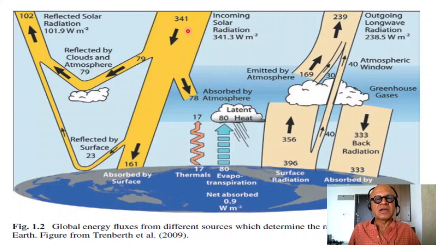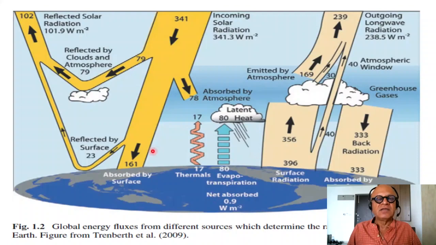You can see that a lot of the energy that remains makes it to the surface, which is used to heat, to evaporate, to do many processes on the surface, and the surface then emits energy in the thermal band, infrared energy that we talked about before.